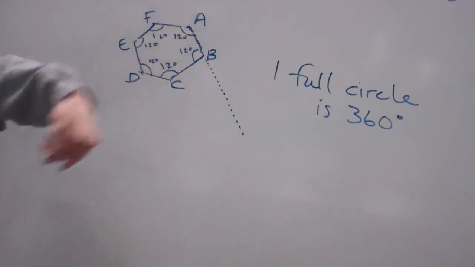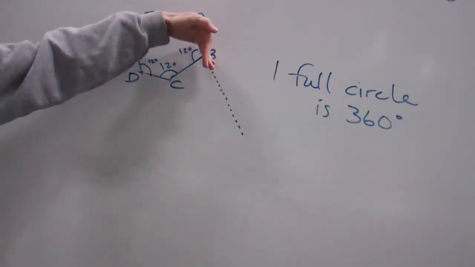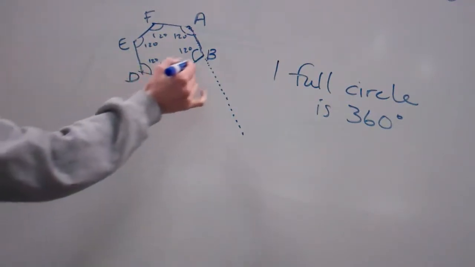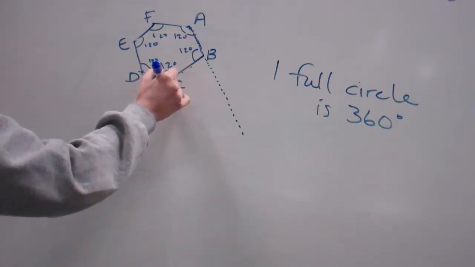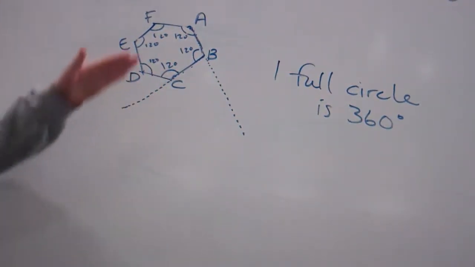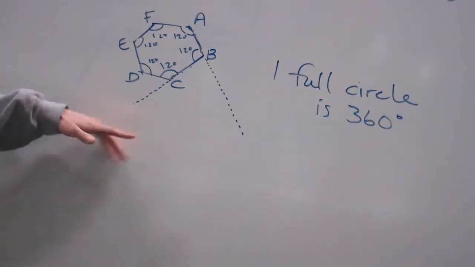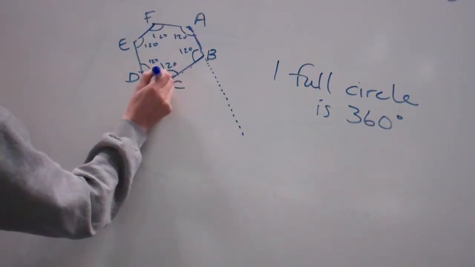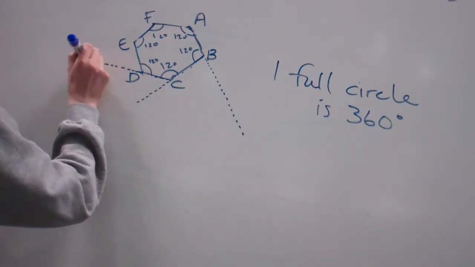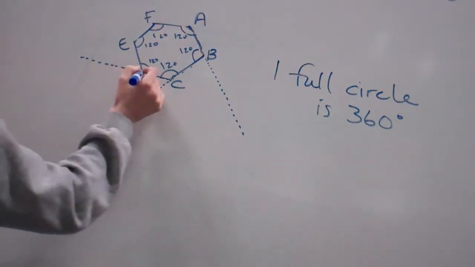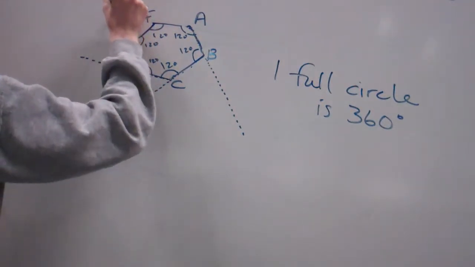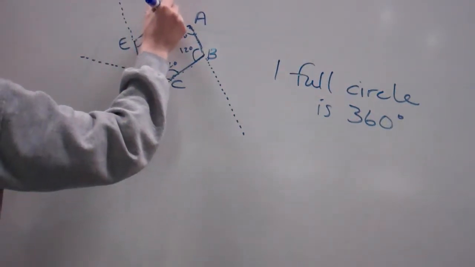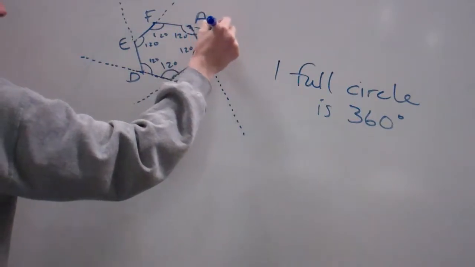Yeah, it does look cool. I'm going to turn at B and start walking towards C. So I start walking, start walking. If I did not turn and I kept going, that's what it would look like. But I turned. So now I'm going to go towards D. Okay, and then towards E. And then towards F. Then towards A.